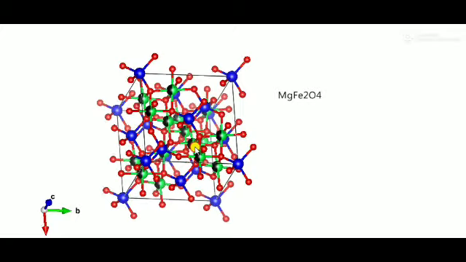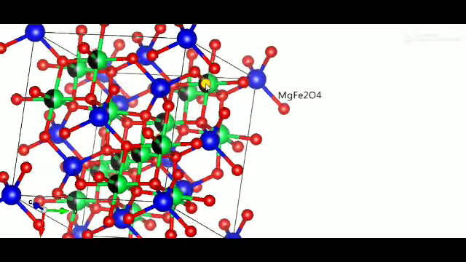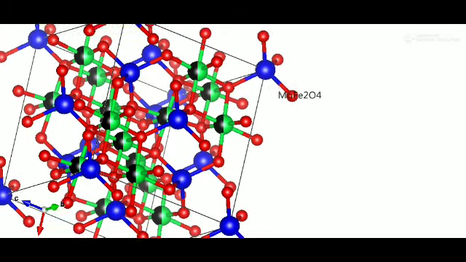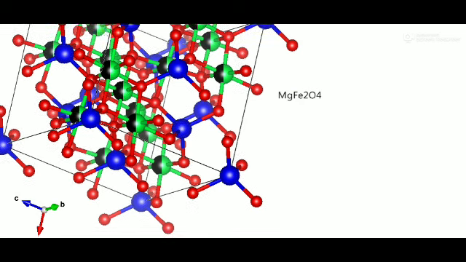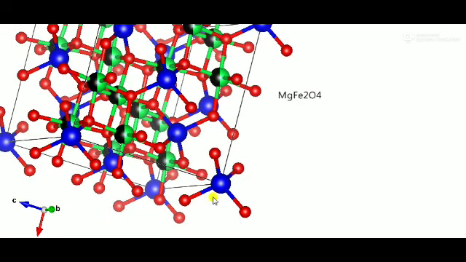Friends, if we observe this structure carefully by zooming in a little, look at this corner atom. There are 1, 2 and 3 atoms at the bottom and 1 atom at the top.